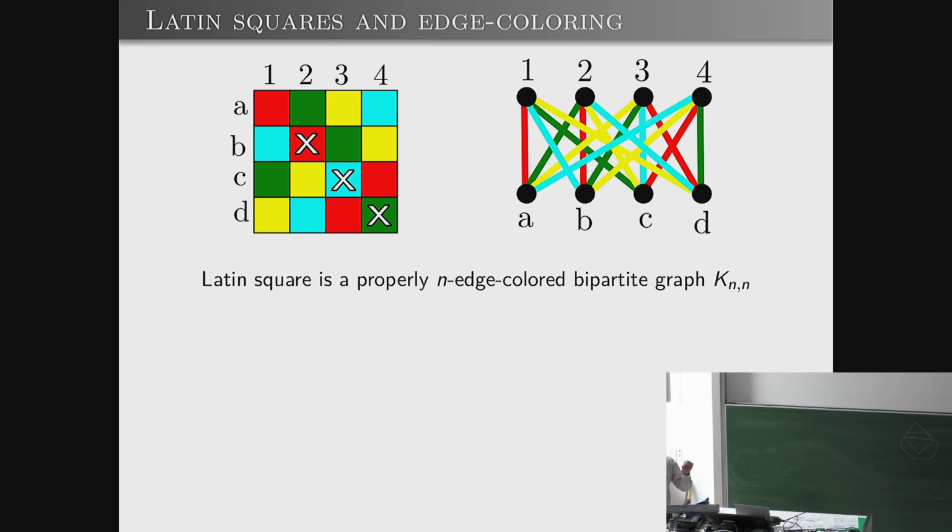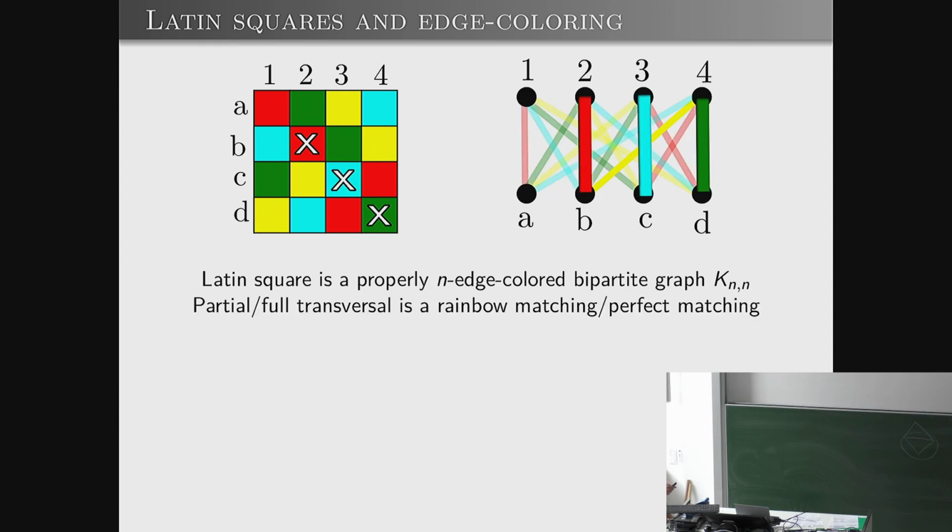Because they stand in different rows and columns, they correspond to disjoint edges. And so what you get is a rainbow matching, right? So the transversal, not necessarily full, corresponds to a collection of disjoint edges, squares in different rows and columns. So they don't share the top vertex, they don't share the bottom vertex, and moreover, they have different colors.